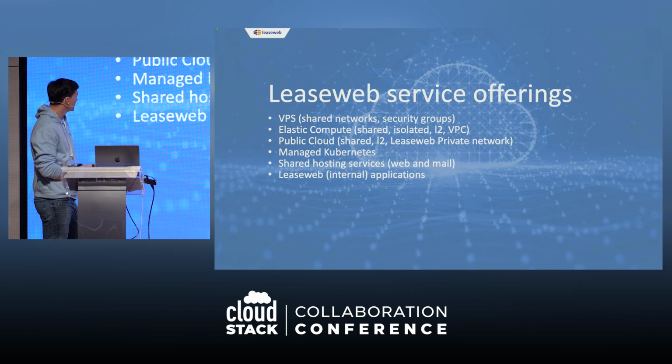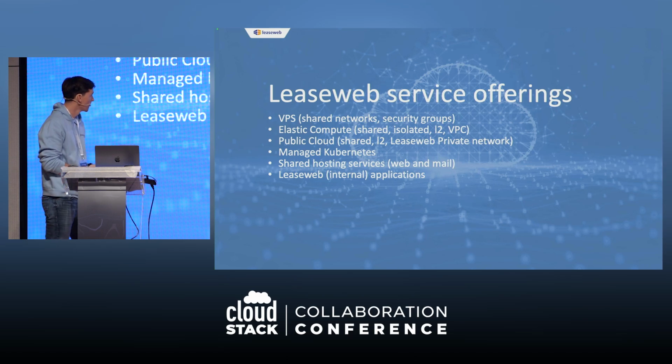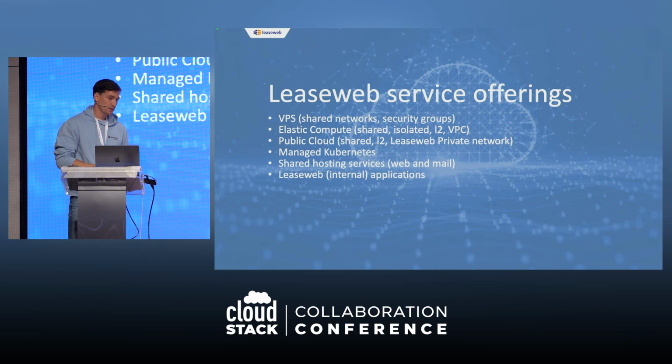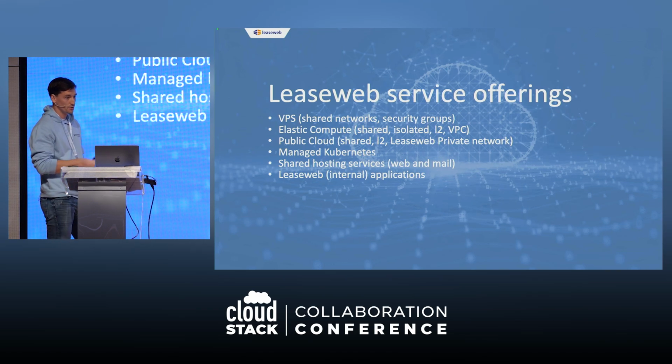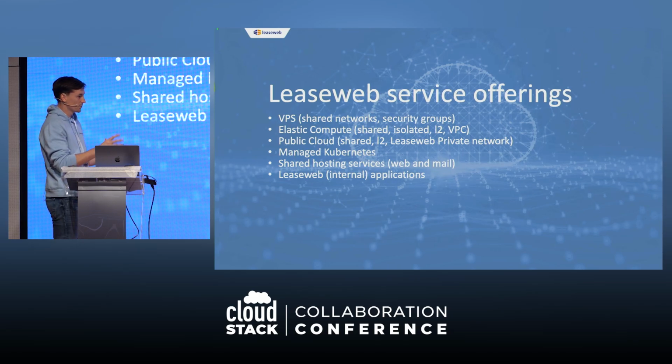A couple of years later, we introduced the concept of elastic compute, which was actually private cloud at the time for us, where we did a little more with CloudStack and actually exposed it to our customers. Now customers were using the CloudStack API and getting access to the CloudStack dashboard. They would get their own domain with their resources: network resources, IP addresses, and compute.